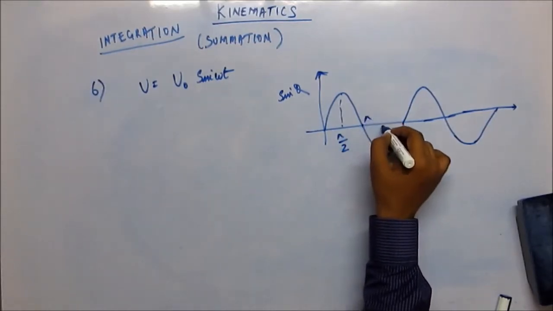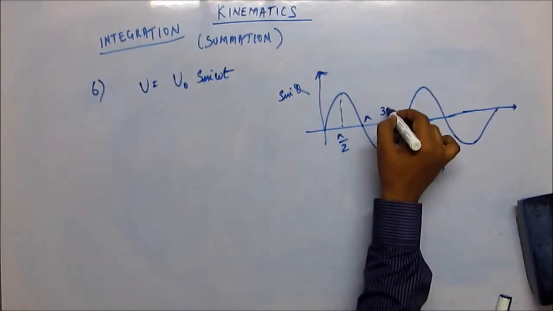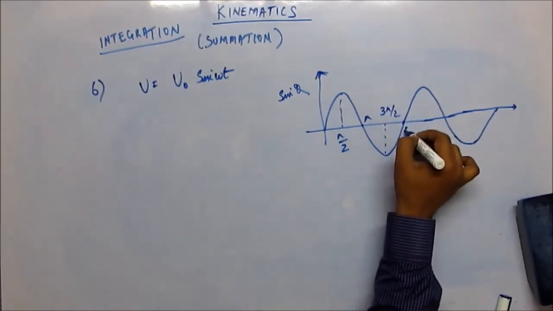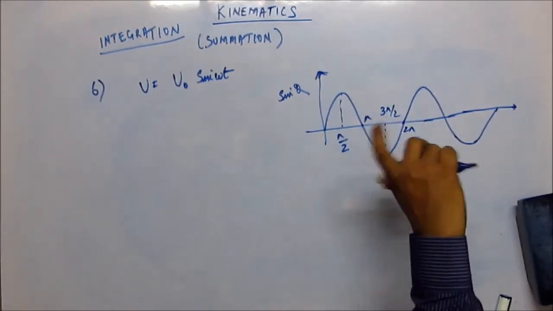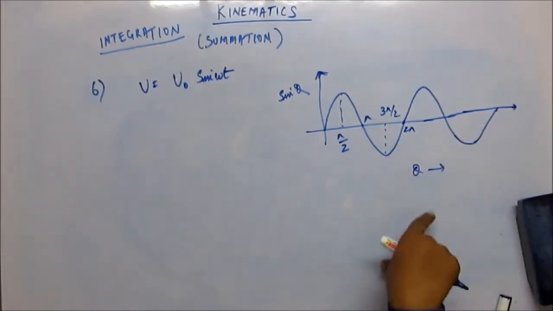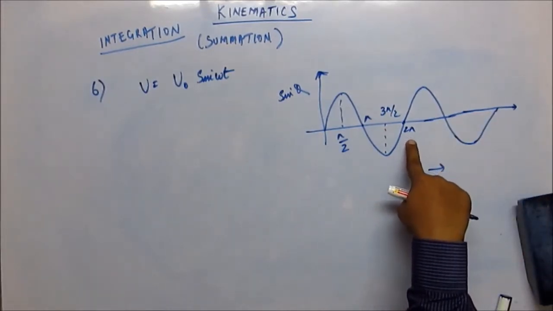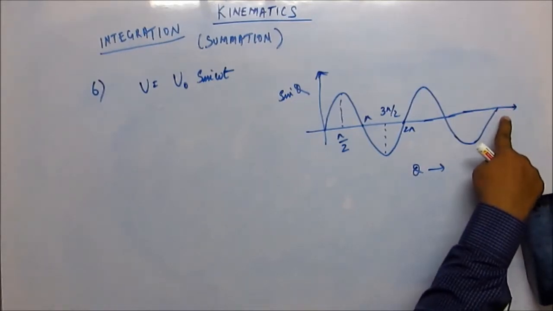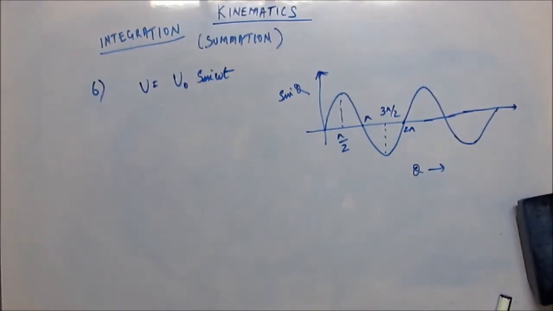This is pi, this is 3 pi by 2, and this is 2 pi. And after 2 pi, the same cycle continues. So whatever the value is at 2 pi, the same value will occur at 4 pi. Likewise. So it's a periodic function. You must be knowing this.